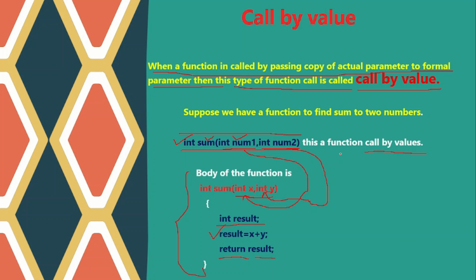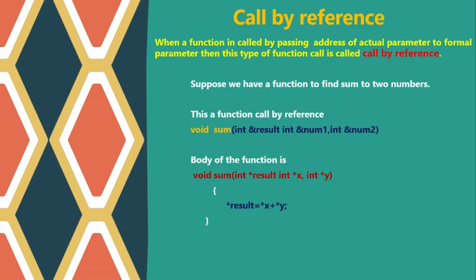Now let us discuss call by reference. See, when a function is called by passing address of actual parameter to the formal parameter, this type of function call is called call by reference. So see, this is a function call, and we have three parameters: result, num1 and num2.